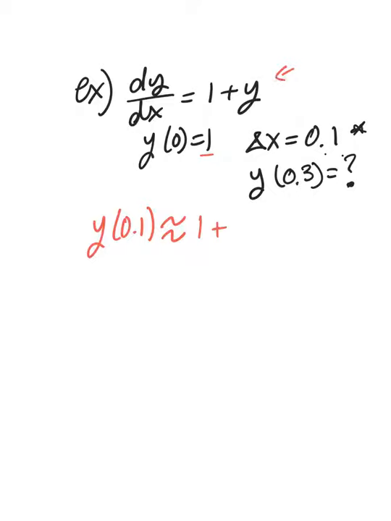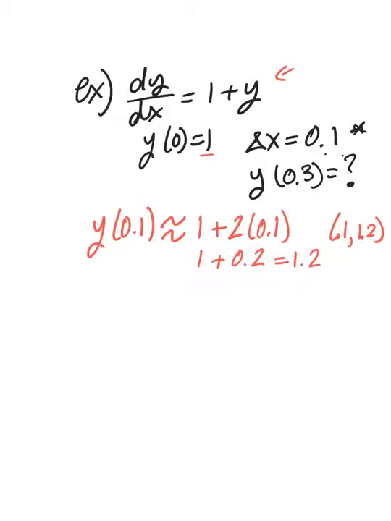So what's 1 plus 1? 2. Times x minus x1. That's your delta x. And that's going to be the same for this problem. It's going to be 0.1. Well, so now I just have to figure out what this is. So this is 1 plus 0.2. 1 plus 0.2 is 1.2. So my new point is 0.1 comma 1.2. That when x is 0.1, my y is approximately 1.2.